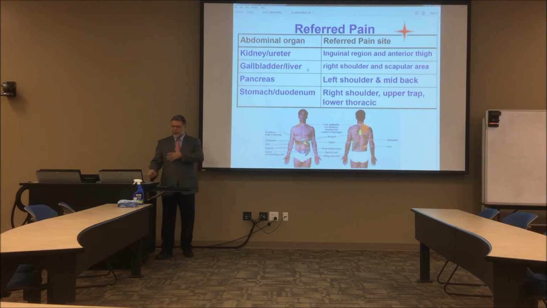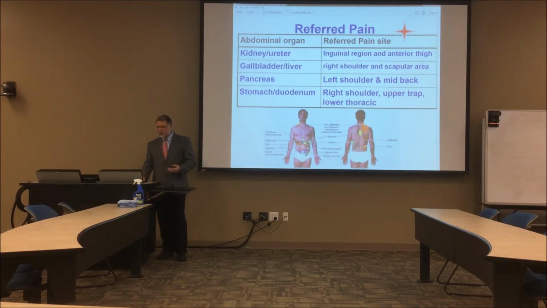Gallbladder and liver typically go to the right shoulder and the scapular area. When you take a deep breath, it's typically going to be cut off because of something that's happening at the liver and gallbladder. Pancreas has a very distinct type of pain to the left shoulder, mid-back, but typically goes directly like something is stabbing you from front to back, and that's very typical for pancreas.